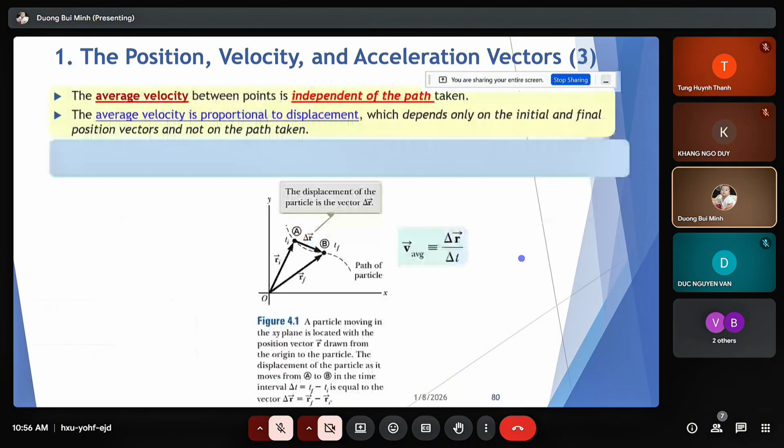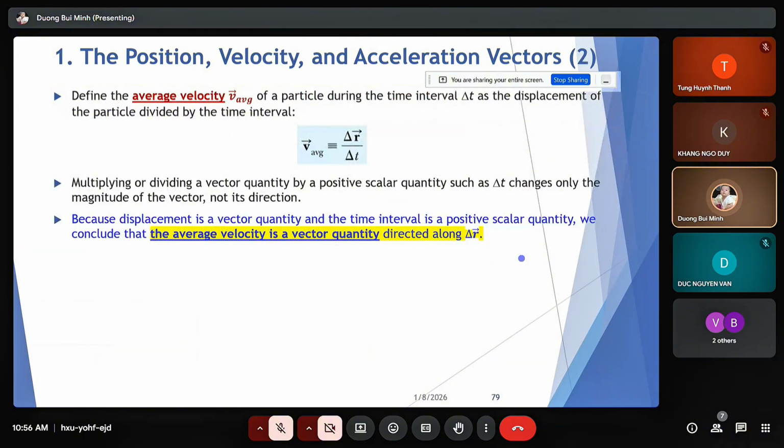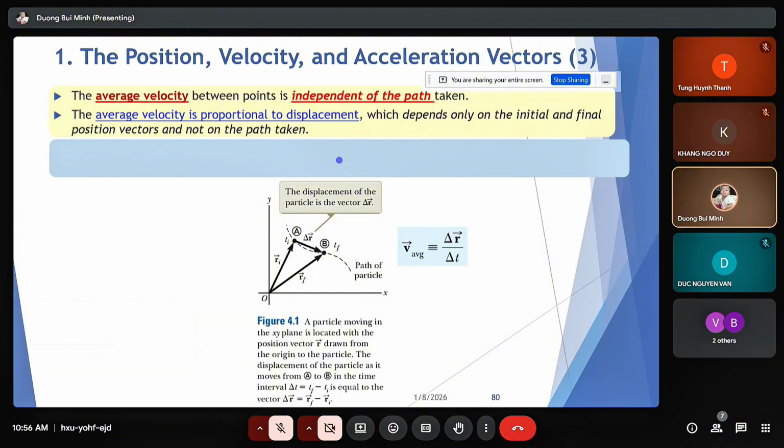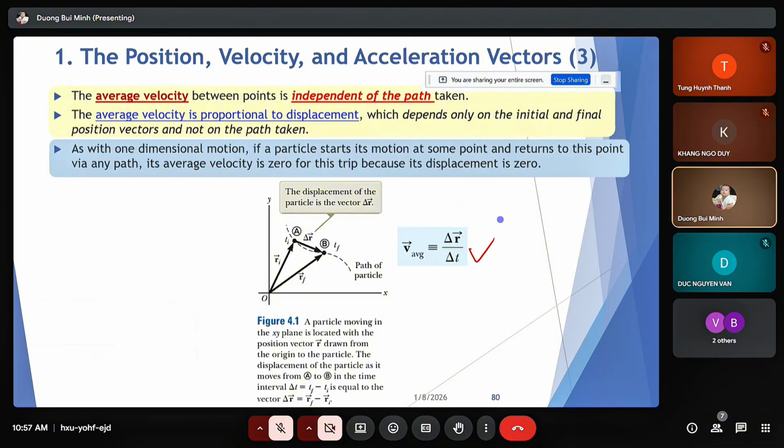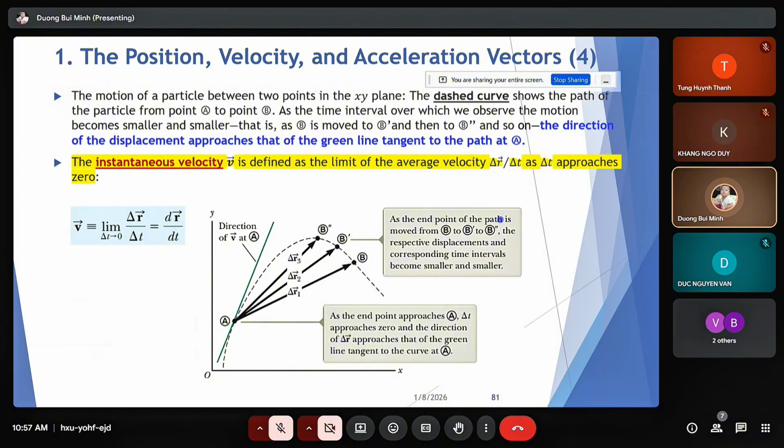And we have average velocity. Average velocity is defined by displacement over time. We studied that before. We also have instantaneous velocity, which is the first derivative of displacement with respect to time.